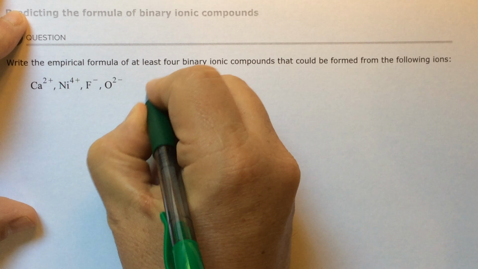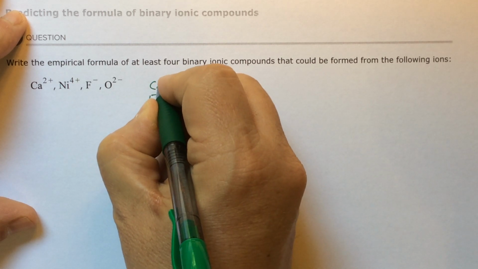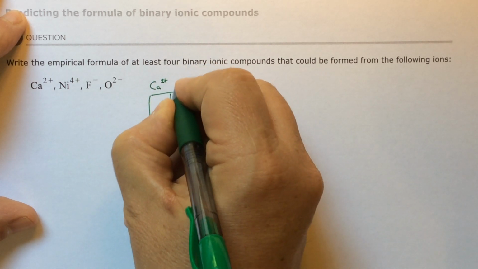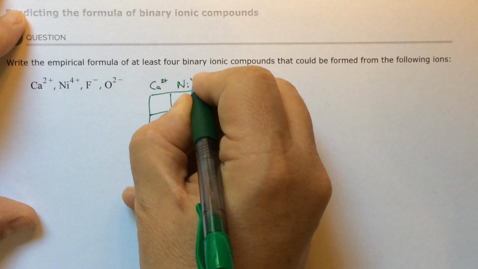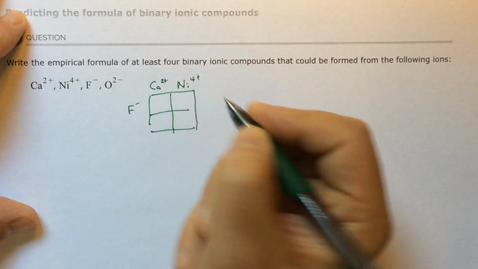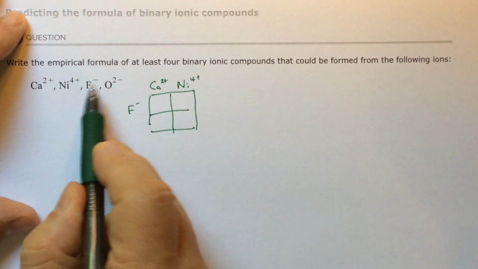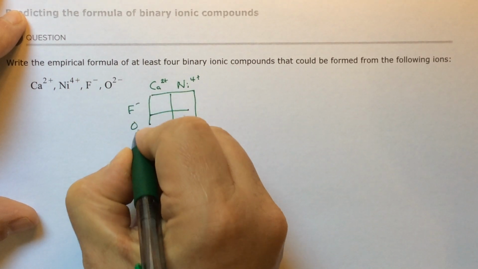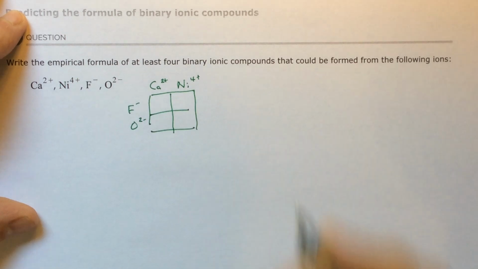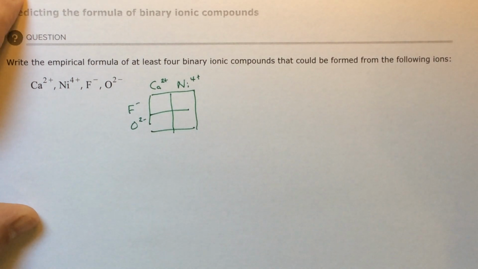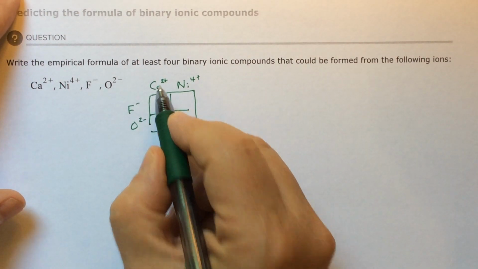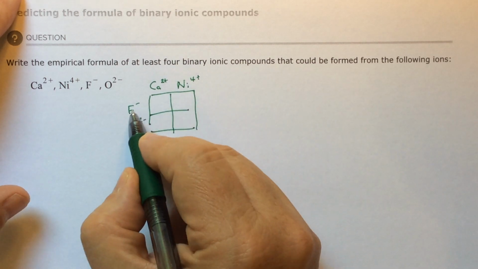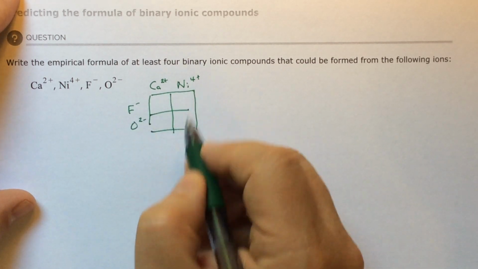You could say we're going to have calcium, which is 2+, and we'll have nickel, which is 4+. We'll have fluoride. Now, since this is a negative, I already call it fluoride and oxide. And we're going to put the metal first, always. So the calcium goes before the fluorine, the nickel comes before the fluorine, calcium before oxygen, nickel before oxygen.